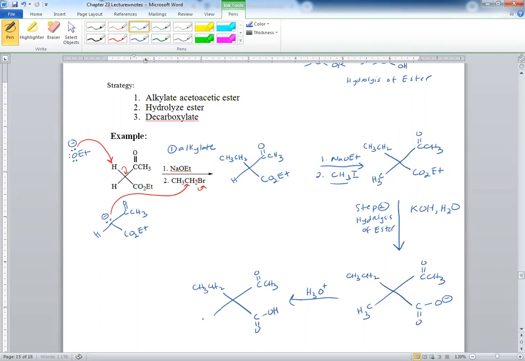And guess what? We can finally do step 3, which is decarboxylation.